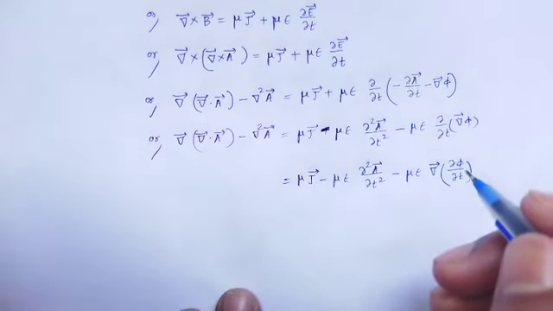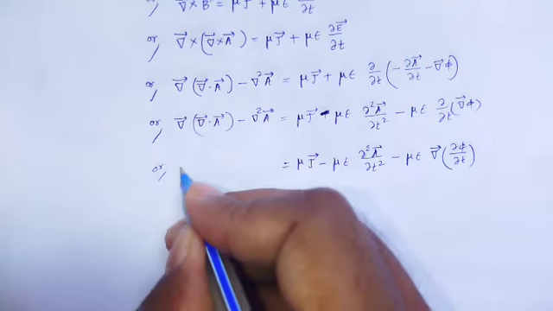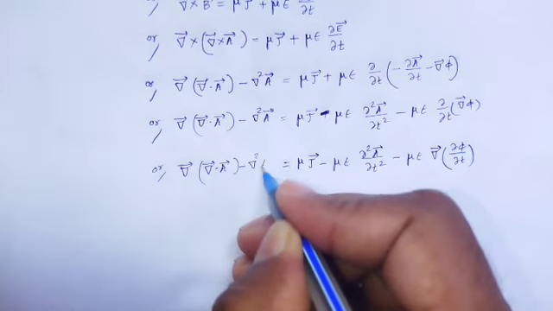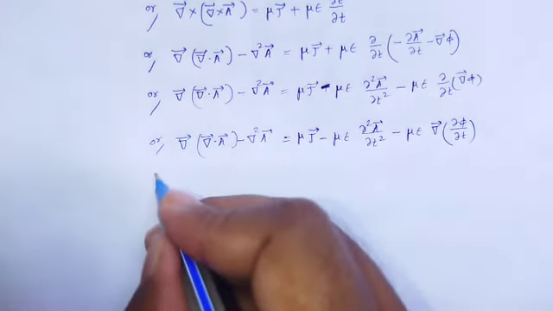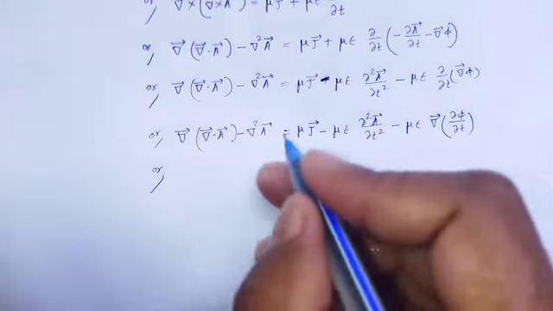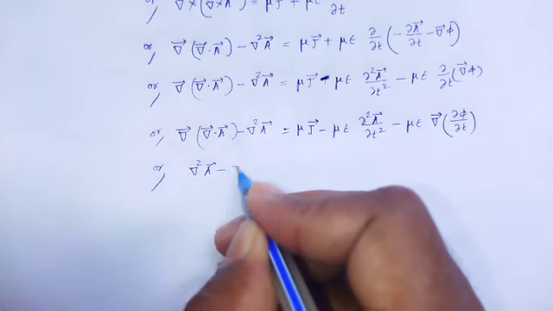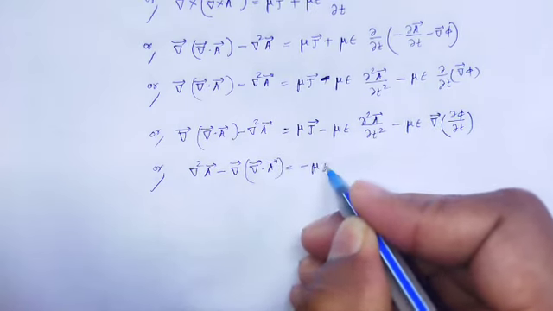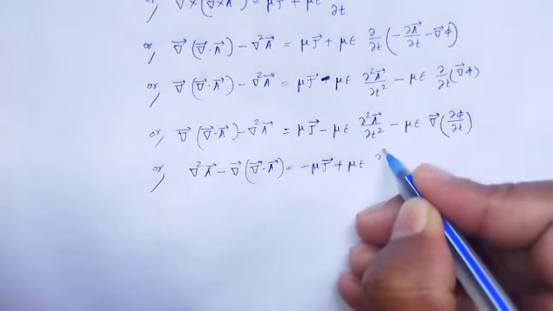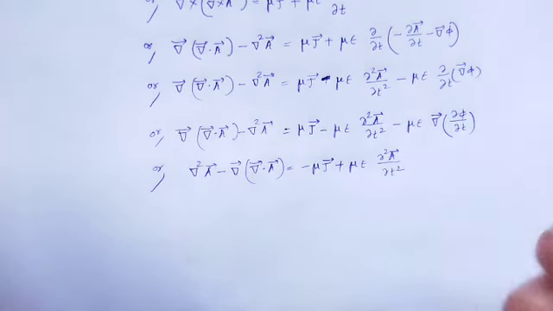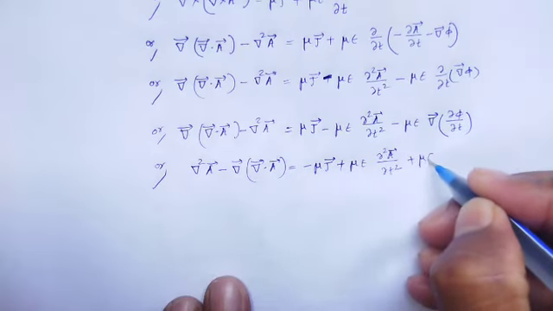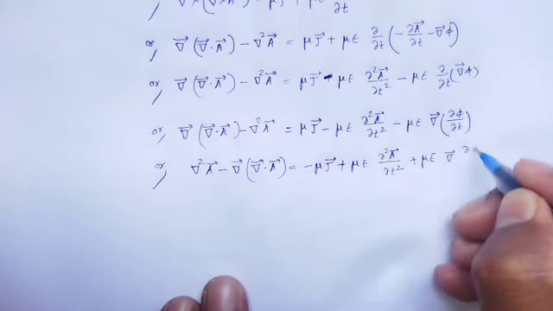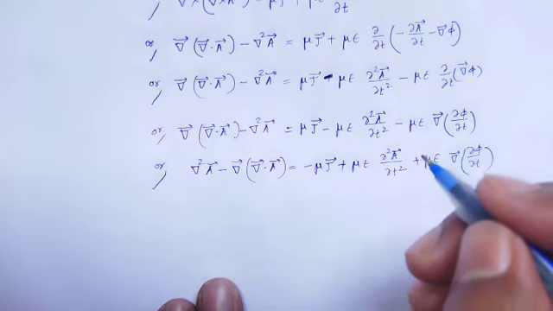That is the term grad grad dot A minus grad square A. Now multiplying the negative sign on both sides, that is grad square A minus grad grad dot A is equal to minus mu J plus mu epsilon del square A by del t square plus mu epsilon grad of del phi by del t.